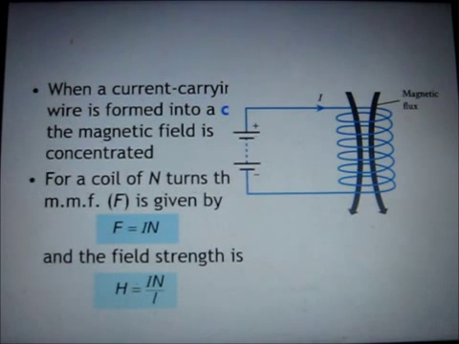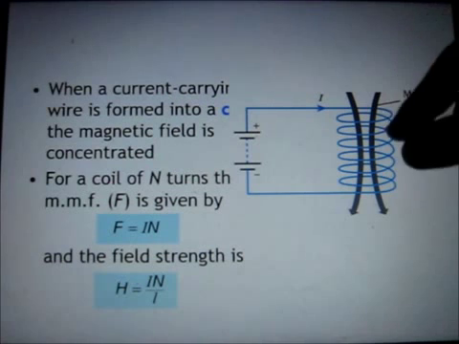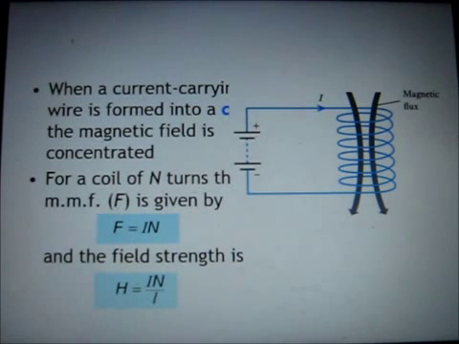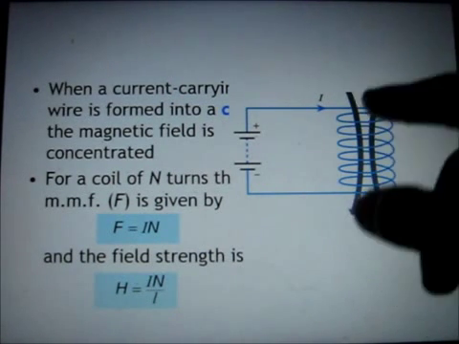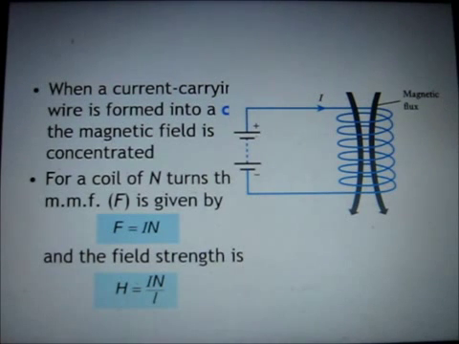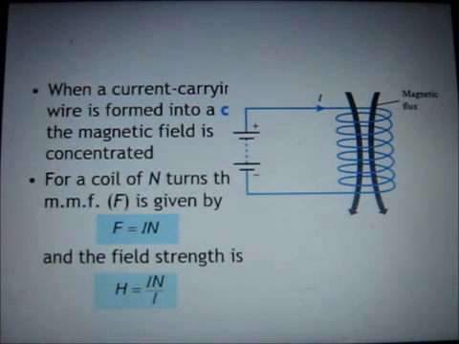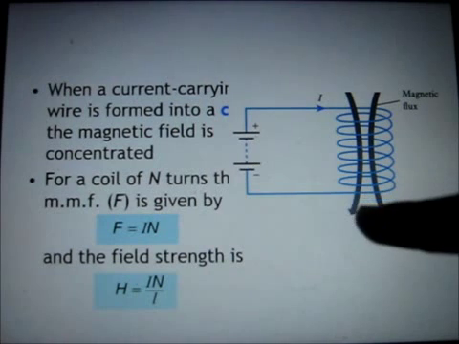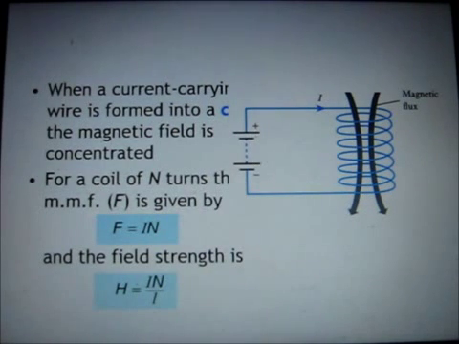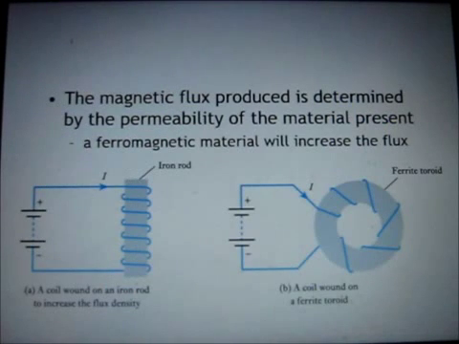When a current carrying conductor is formed into a coil, the magnetic field is concentrated. In this case, when you put a current carrying conductor in the shape of a coil, the magnetic field becomes more concentrated, and for a coil of N turns, the force is current into number of turns, and the field strength is similarly I N by L. The magnetic flux produced is determined by the permeability of the material present.